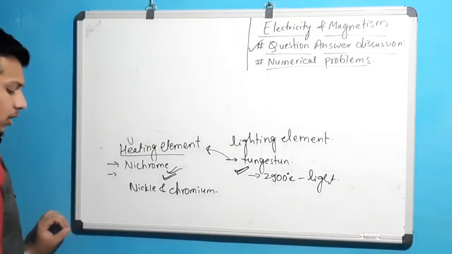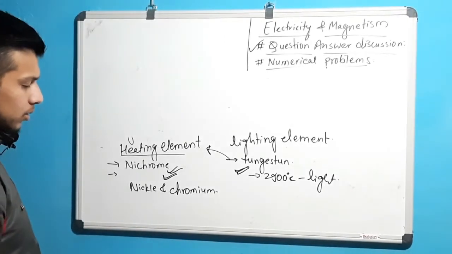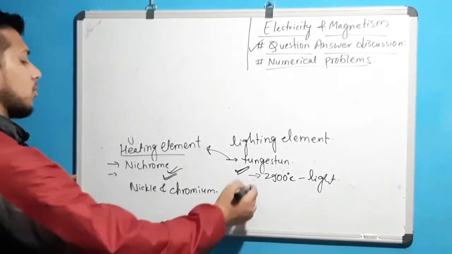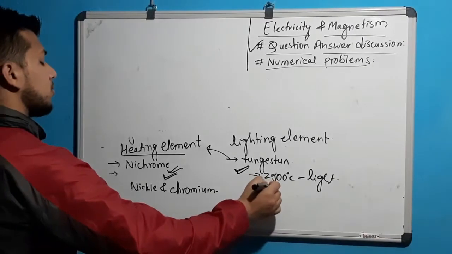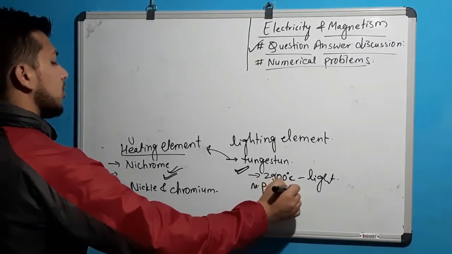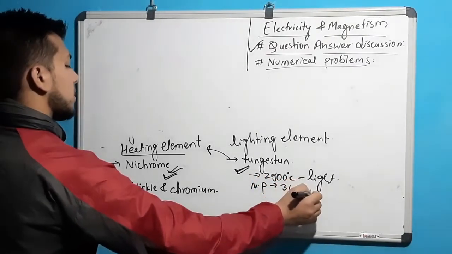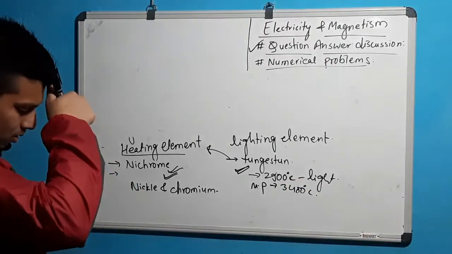Now next question is, what is the melting point of tungsten? The melting point of tungsten is 3400 degrees Celsius.